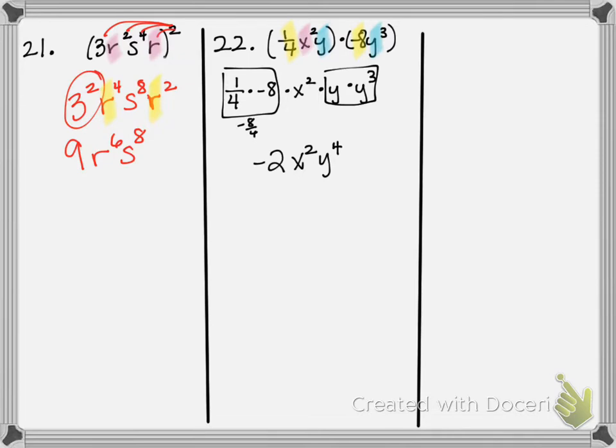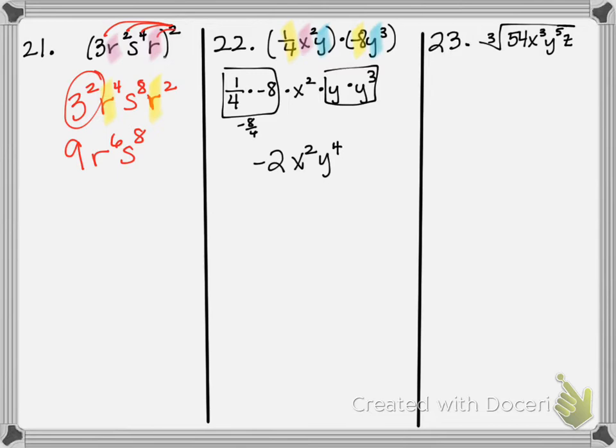And last one is number 23, the cube root of 54 x cubed y to the 5th z, and the directions say simplify completely. Write your answer in simplified radical form.